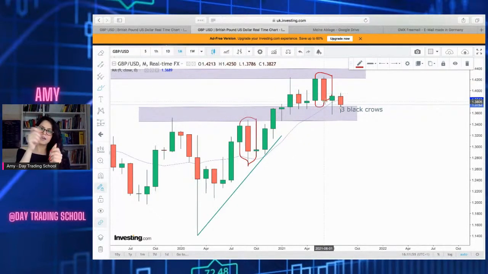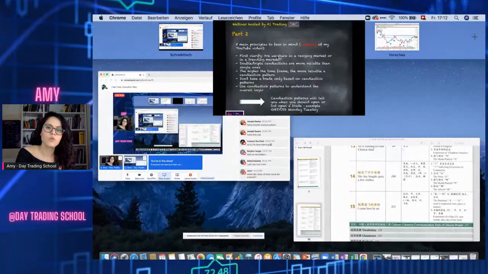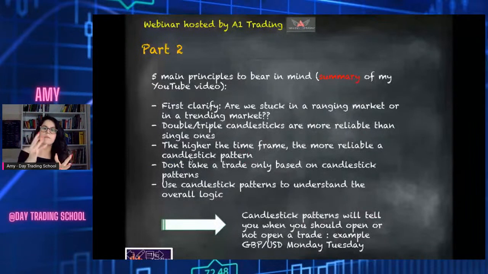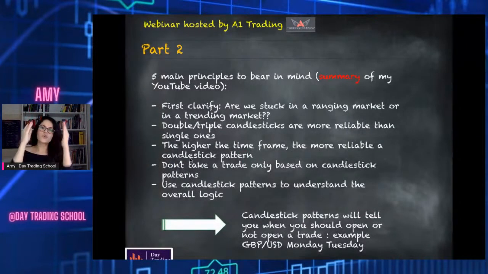So if I were you, when I do my technical analysis, I take a note and I write, there could be some sort of exhaustion now, because we've been in this situation for 8 months. So you take notes, and then we move on. As I said, you first of all focus on the higher time frame, on the monthly chart, to understand the logic, and then you move on to the weekly and daily, etc.